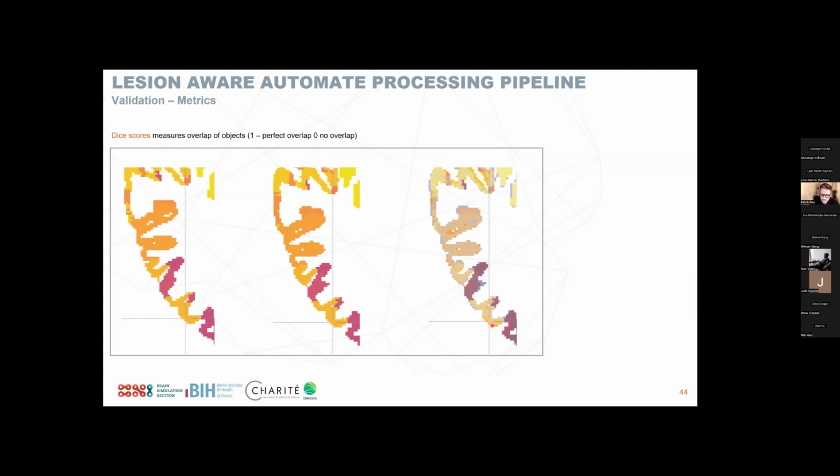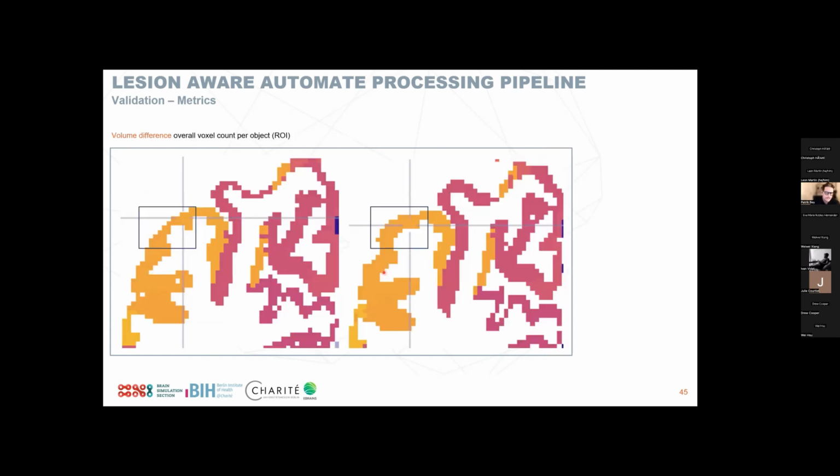overlap them, we see that there are some voxels that are part of the one, but not part of the other, right? So we get a dice score that is not 0 because there's a lot of overlap, but it's also not 1 because there are some slight differences. And then the same thing we did comparing the actual volume of these regions of interest.